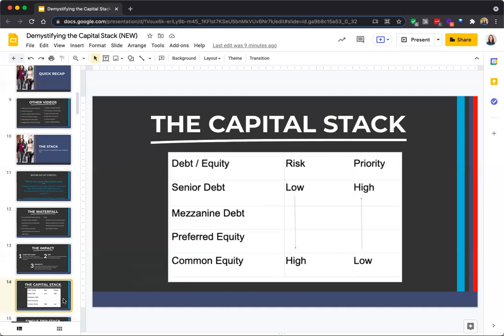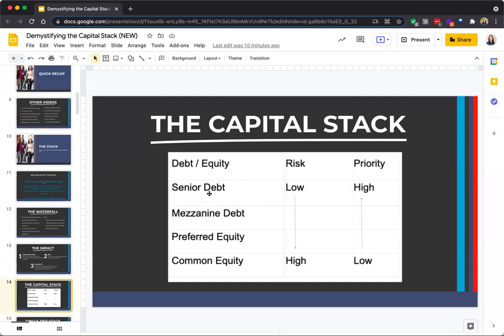So let's do a quick recap from a few weeks ago of what the capital stack looks like. On the left-hand side, we've got debt and equity. This is kind of the stage we're looking at. We have to look in terms of risk, and also in terms of priority of who gets paid what when.